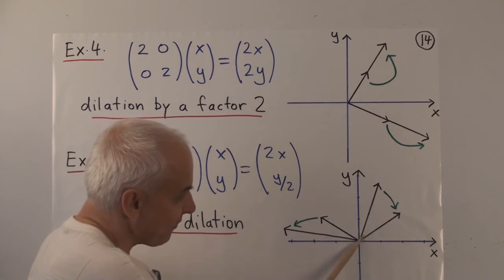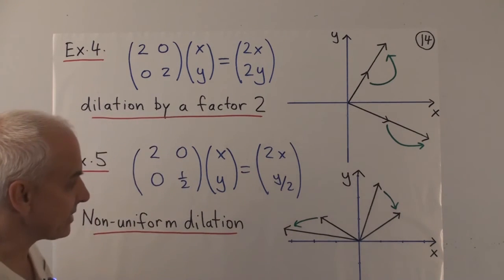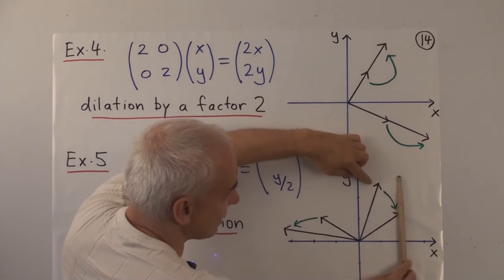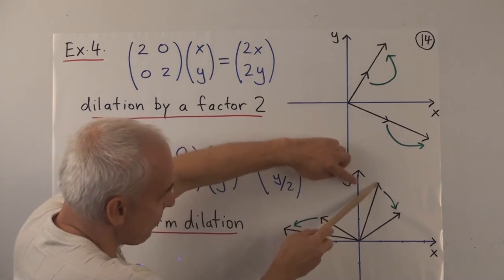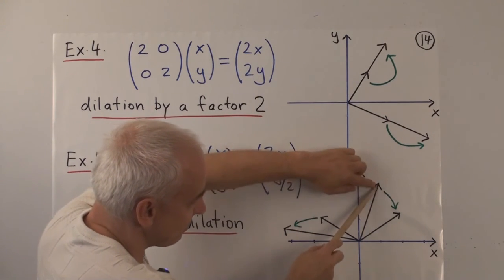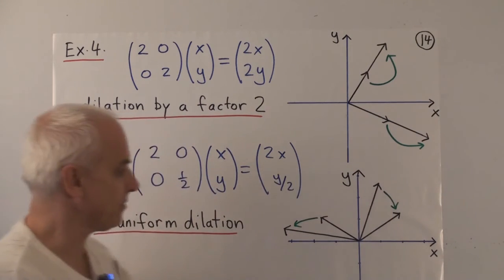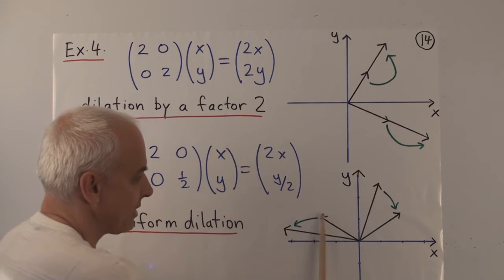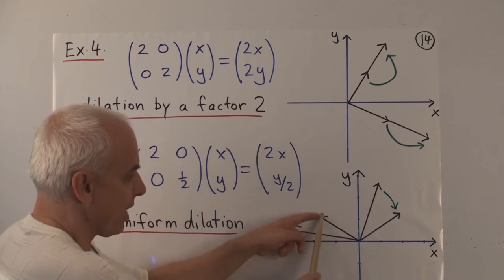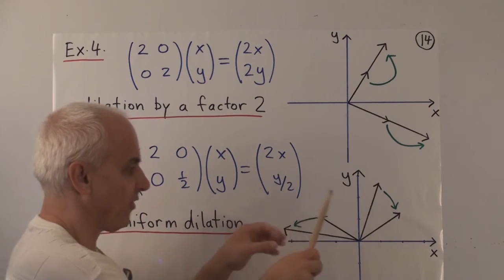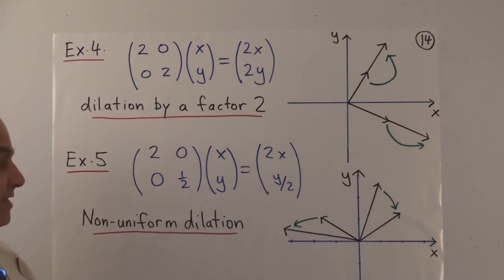So for example, this vector here, its x component, which is here, gets doubled, but its y component gets halved, so it scales down to there. This vector here, its x component gets doubled, but its y component becomes scaled. So this is a kind of non-uniform dilation.